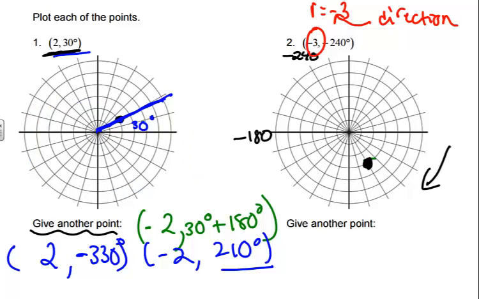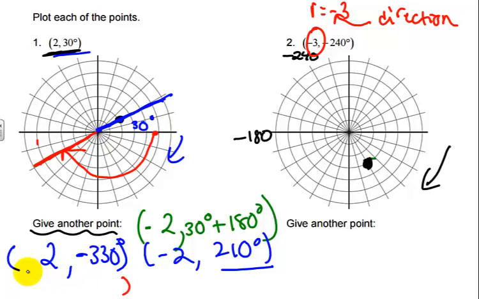For my last one, I'm going to need a negative radius. Well, in order to have a negative radius, that means that I'm going to only rotate to this red line. So initial to the red line. So how much am I rotating? Well, I'm not rotating quite negative 180 degrees.